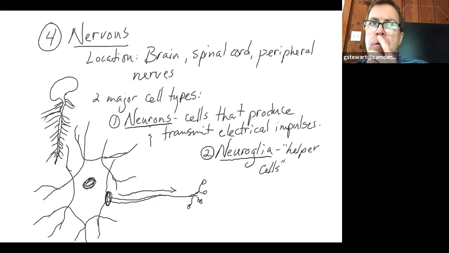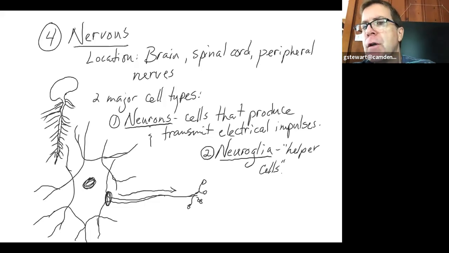They perform all sorts of functions. There's four different types in the central nervous system and 2 different types in the peripheral nervous system, so 6 altogether, separate neuroglia. I'm not going to list them. You don't have to learn them yet until we do the nervous system. But as a group, I want you to know that neurons produce and transmit electrical impulses. These are helper cells that don't do that and do all sorts of other functions that we'll learn later.